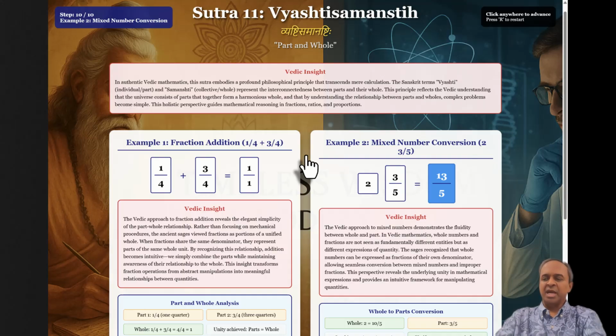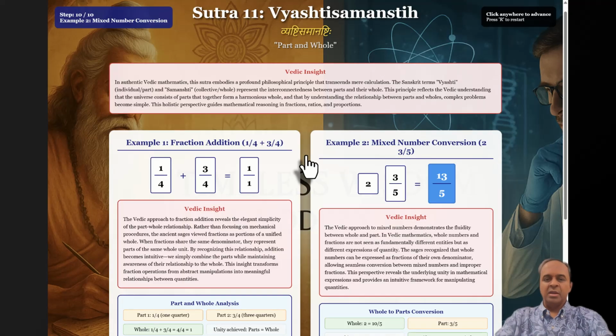So the Vedic insights we have explored reveal that this sutra is not just a mathematical technique, but a philosophical principle that encourages us to see the interconnectedness of all things. Right? So this holistic perspective transforms complex mathematical operations into intuitive relationships, making mathematics more accessible and meaningful.